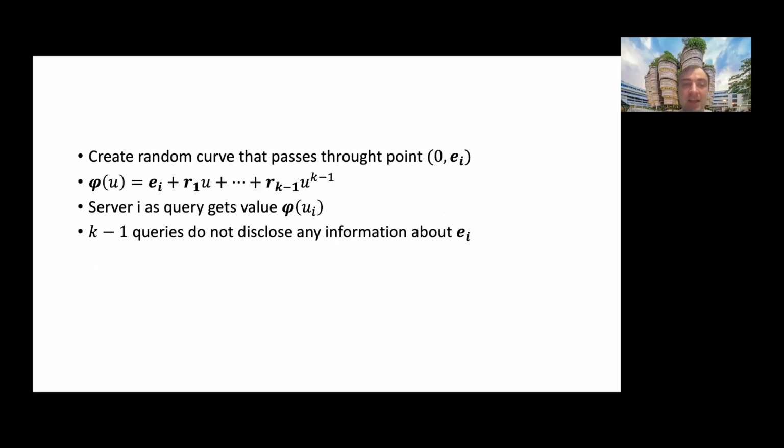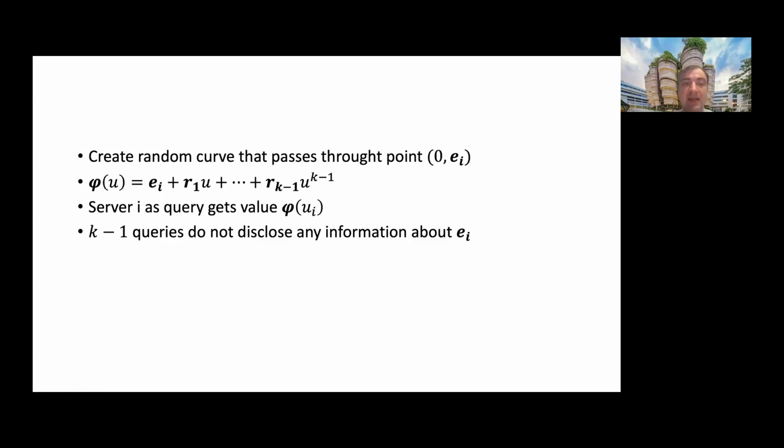After that, we create a random curve that passes through the point 0, e_i. So the curve is presented here. It's e_i plus R_1 times u till R_{k-1} times u to the power k-1. And server i as a query gets the value of phi at point u_i, so it's the value of this random curve at the non-zero field element point assigned to this server.